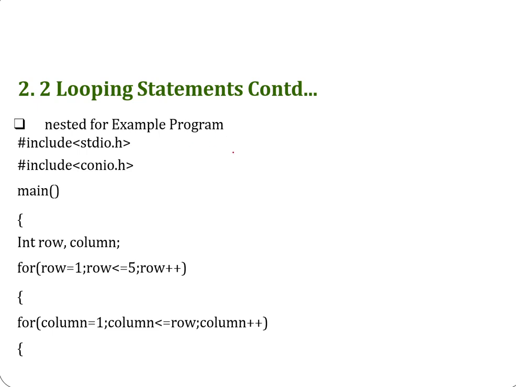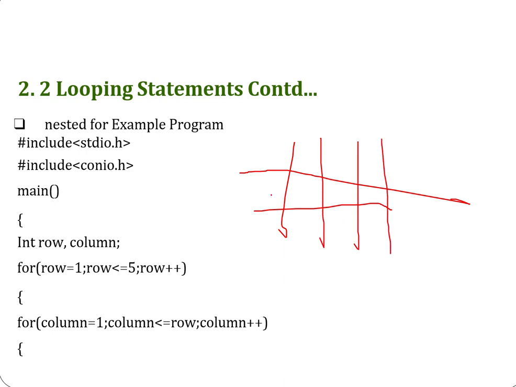So when row value is equal to 1, you get the column value inside the next for loop.